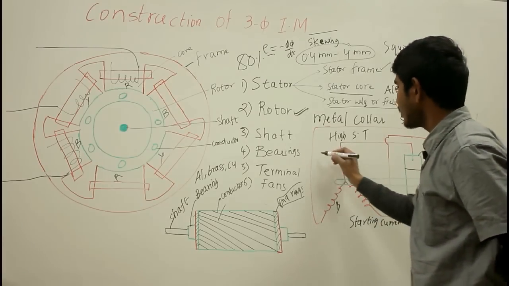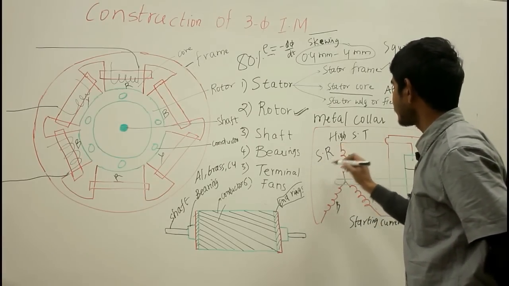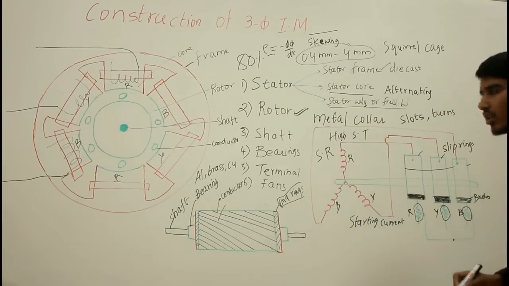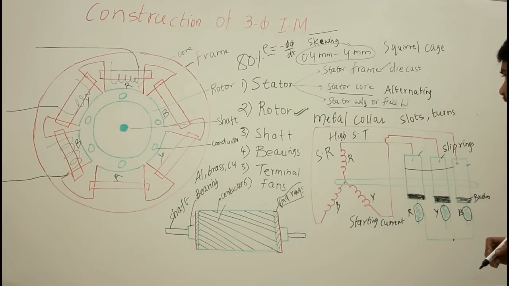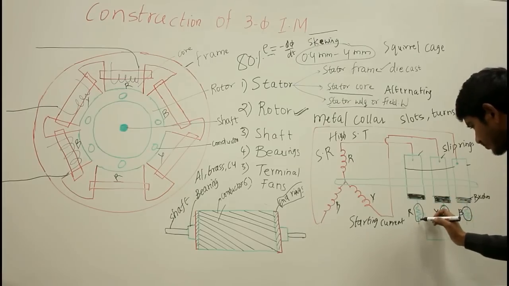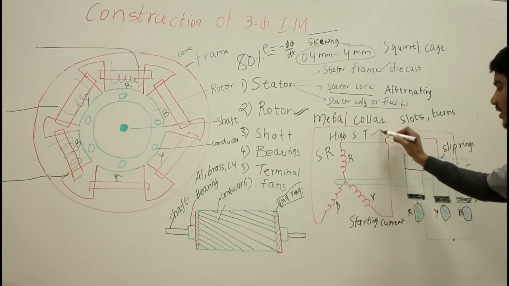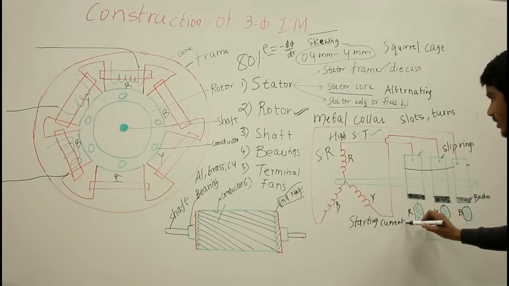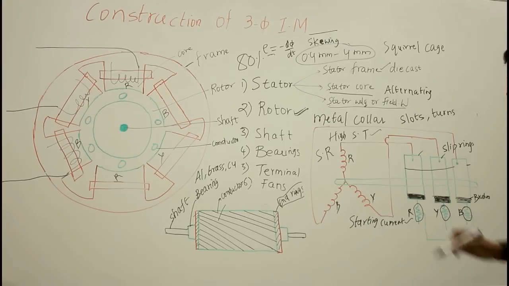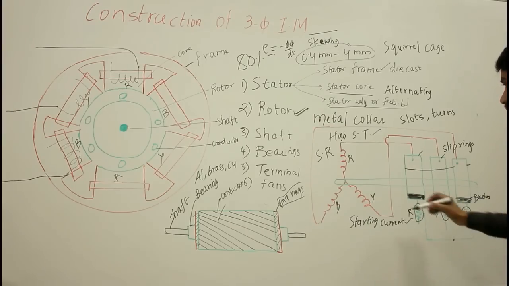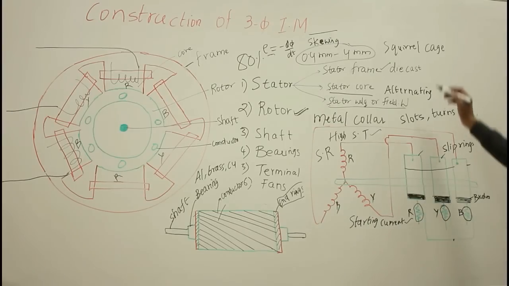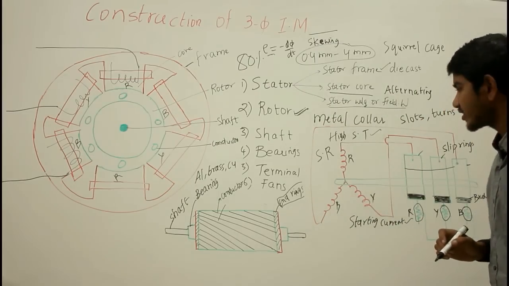So the advantage of the slip ring induction motor is high starting torque and low starting current, and there is a good possibility of speed control compared to your squirrel cage type of induction motor.